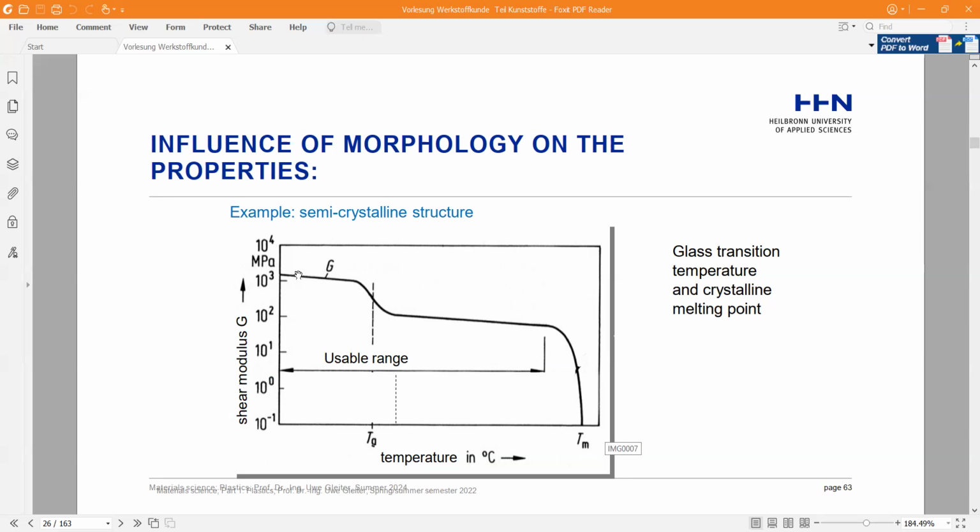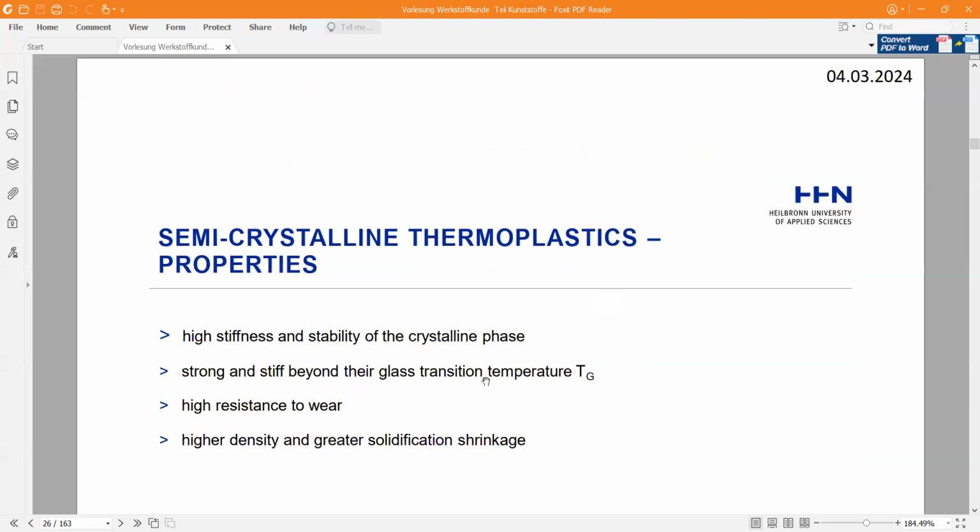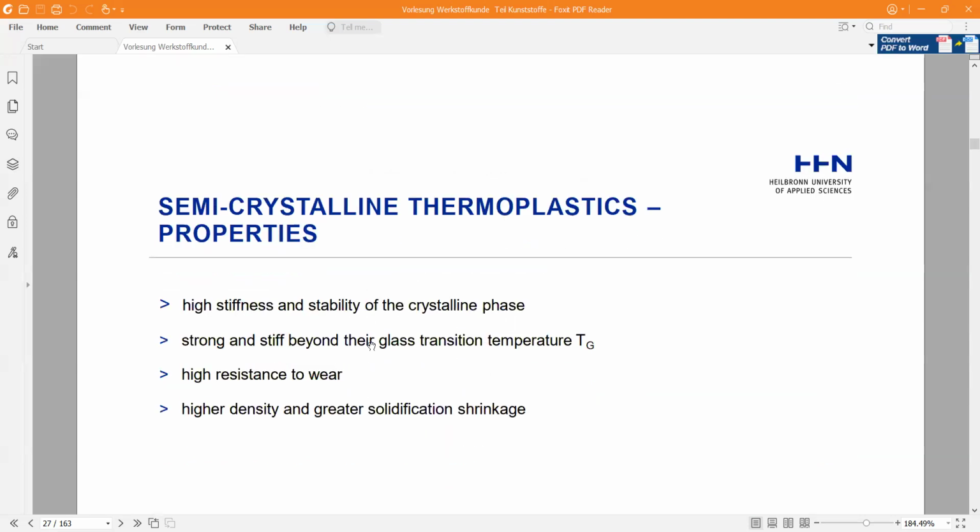Here, two approximate plateaus of quite constant shear modulus. So this is a range.